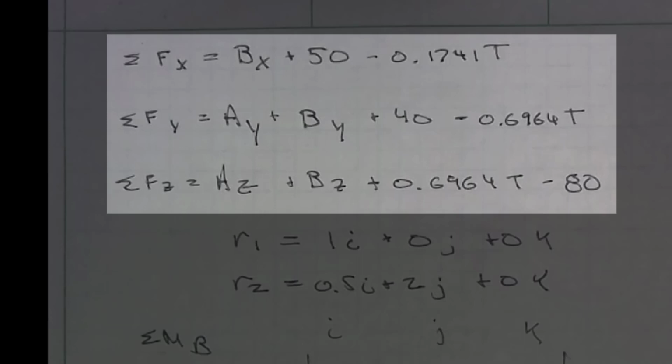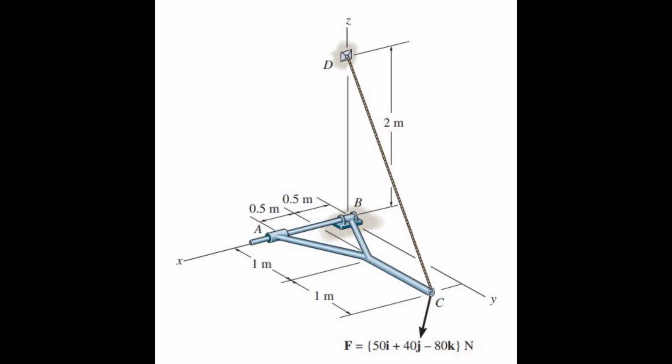Summation of forces in Y, we get Ay plus By plus 40 minus 0.6964 T. Again, those are just using the unit vector multiplied by T. As you can see, looking at the cable, the force T has a displacement in the X direction of 0.5, in the Y direction displacement of 2, and in the Z direction it has 2.